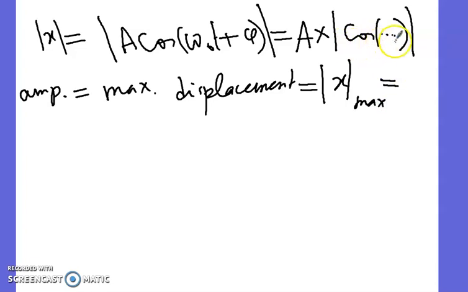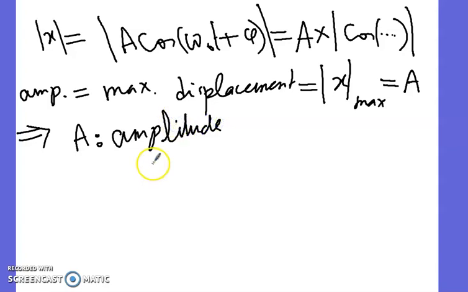What is the maximum value of cosine or sine? You know from mathematics it is equal to 1, right? So this becomes a times 1 equals a. So implies the constant a in mathematics represents the amplitude of oscillation in physics. Clear?